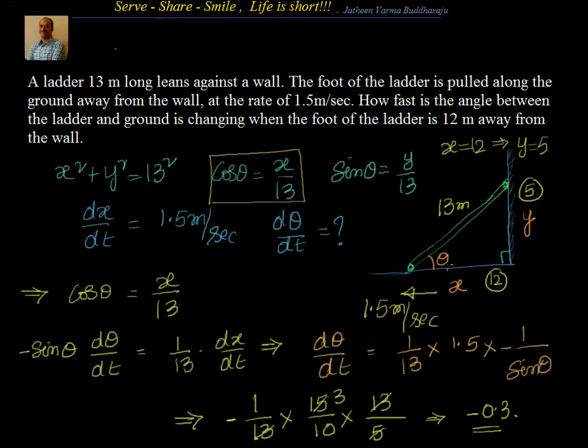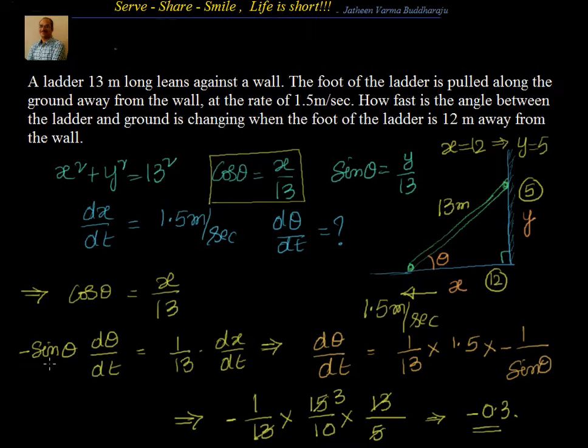Now the relations we can easily obtain are x square plus y square is 13 square, cos theta is x by 13, and sin theta equal to y by 13. We choose cos theta equal to x by 13 because we know dx by dt and we have to find out d theta by dt. This seems to be the ideal option to solve this problem.